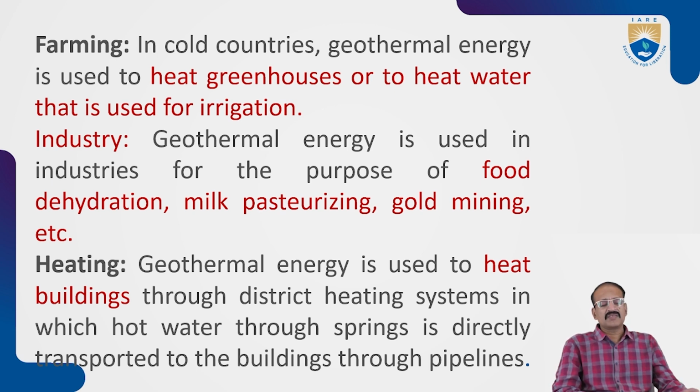So then we can use this type of hot reservoirs to heat this water and use it for farming also. Otherwise, because of the snow, all winter we are supposed to stop the farming. And we are also using this in the greenhouses.